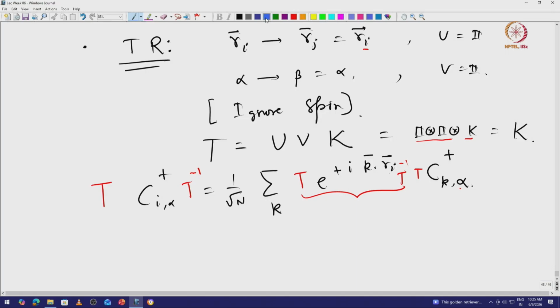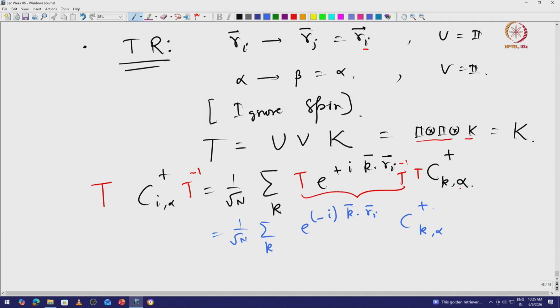It becomes e to the power, however i goes to minus i, where k remains k and R_i remains R_i, and C_k alpha.